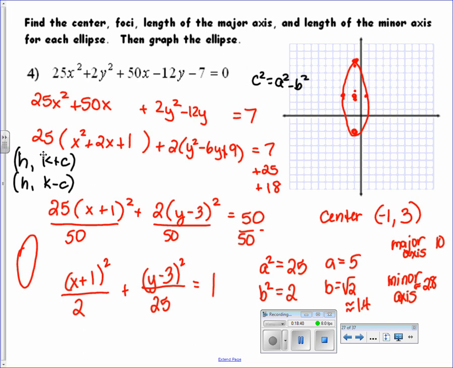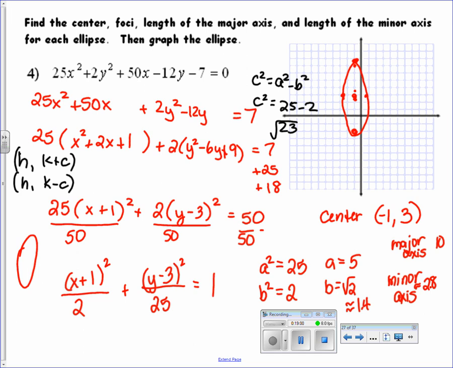So we're going to calculate that. I do know a squared, that was 25. I know b squared, which is 2. So we're going to have 23, and that's c squared, so to get c, it's going to be the square root of 23.